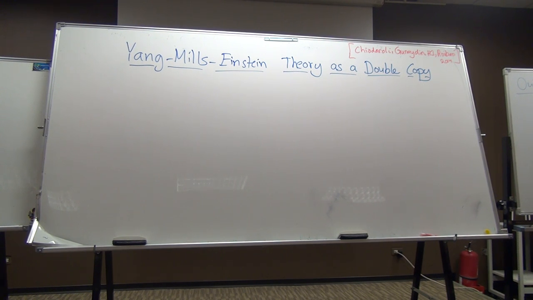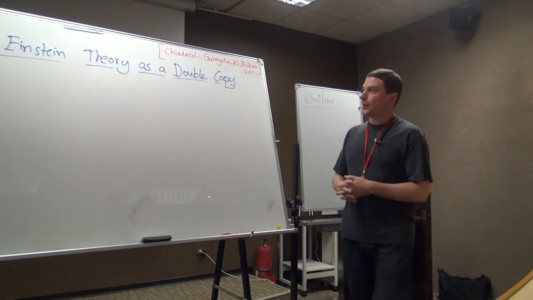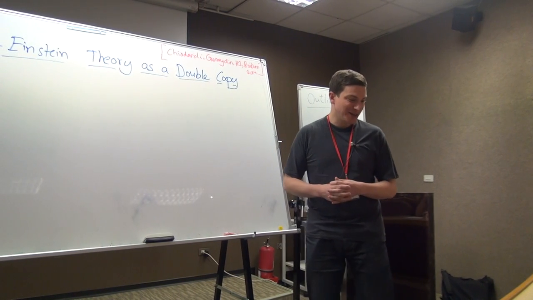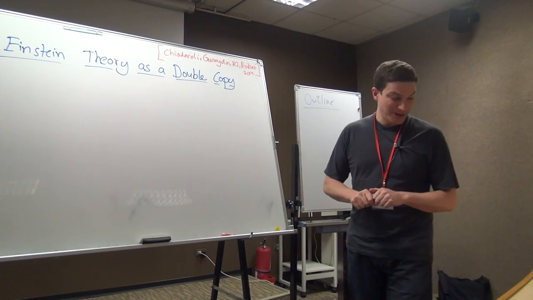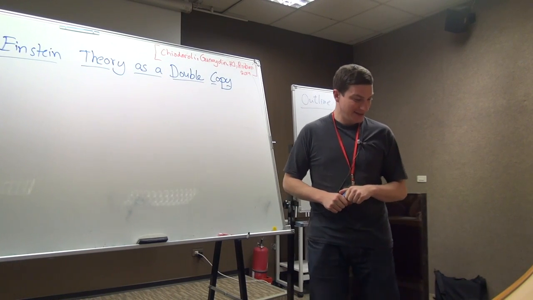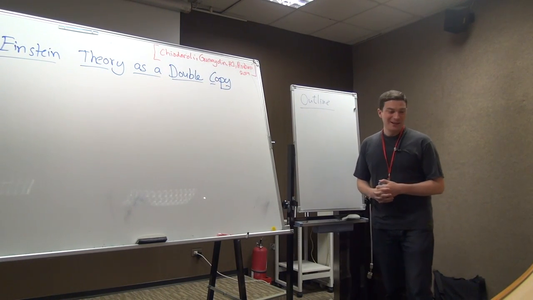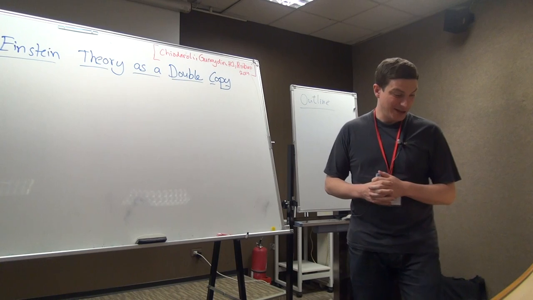For those of you who haven't heard the things that I'm going to talk about today, it's probably going to be a bit of a surprise. One surprise is how alien the things are that I'm going to do, and another is how simple they are.